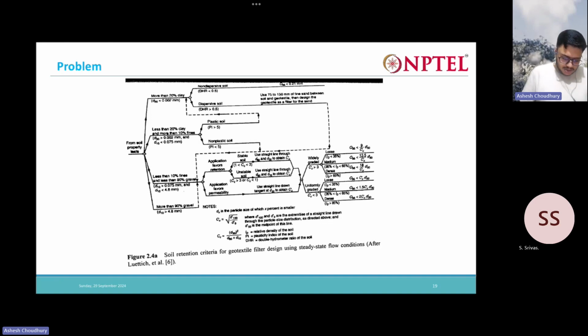Our Cc is 2 and Cu is 5. Cc is between 1 and 3, right? Then Cu is 5. Relative density is how much? Relative density is 80%, so greater than 80%. This criteria you can take.